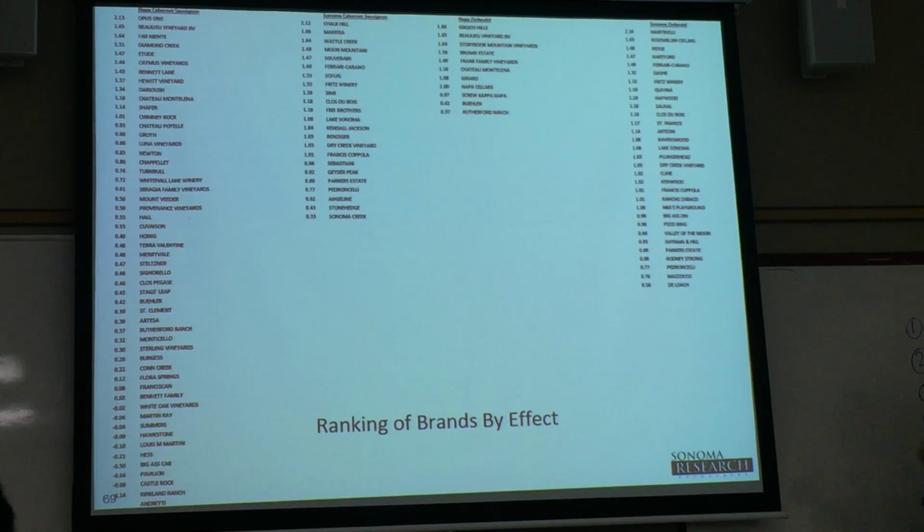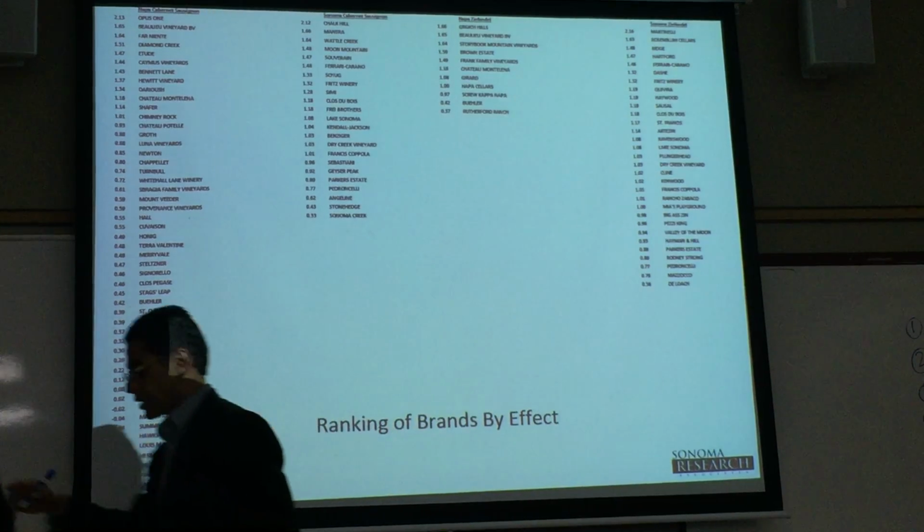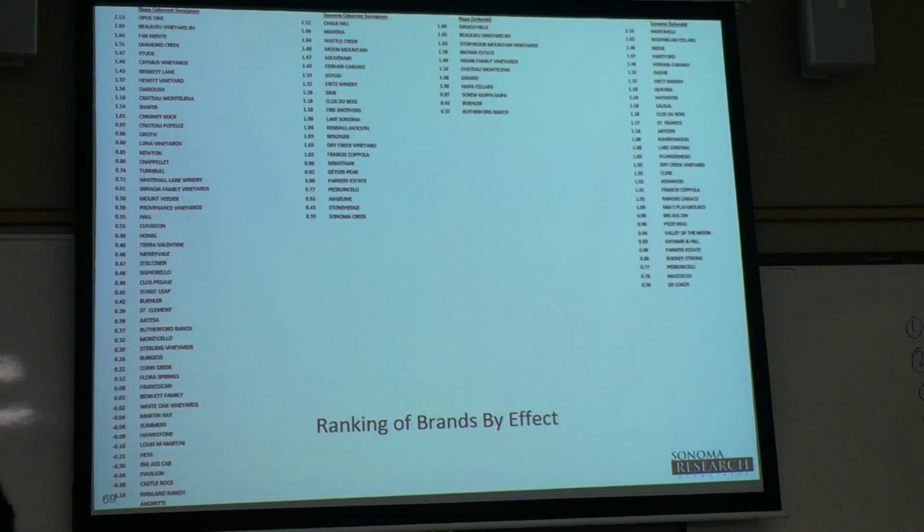The other ones might surprise you. When I presented this, there are always wine experts, so they know. BV, Schaefer, Etude. What's that? Darius? This is the worst wine in America, in my opinion.